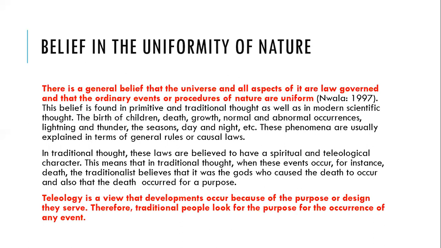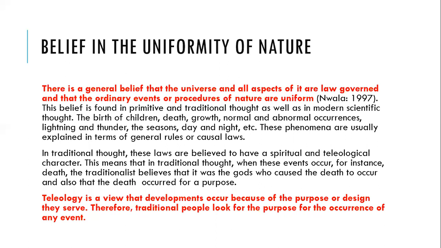So we have events like the birth of children, death, growth, normal occurrence, abnormal occurrence, lightning, thunder. For example, anytime you have lightning, definitely you are expecting thunder, because light travels faster than sound.